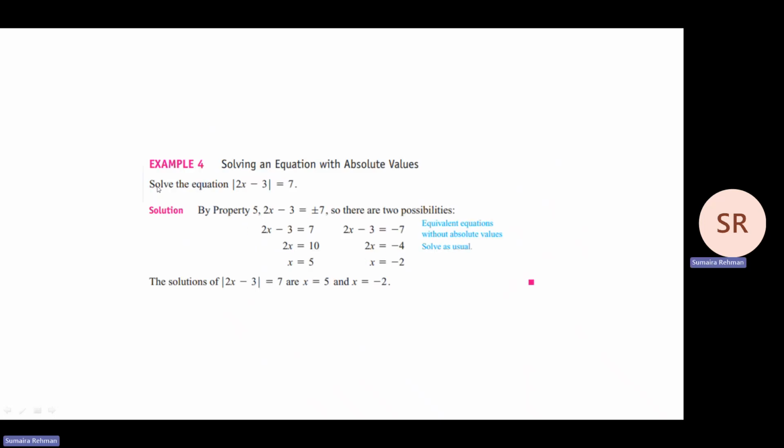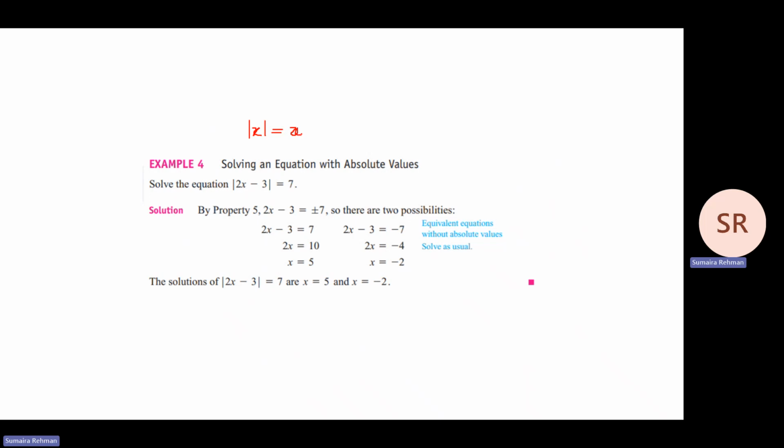So here you can see that we have an example. Now we have the absolute value of x equal to 7. So what is this property? Actually, this is number 1, where the absolute value of x is equal to a.